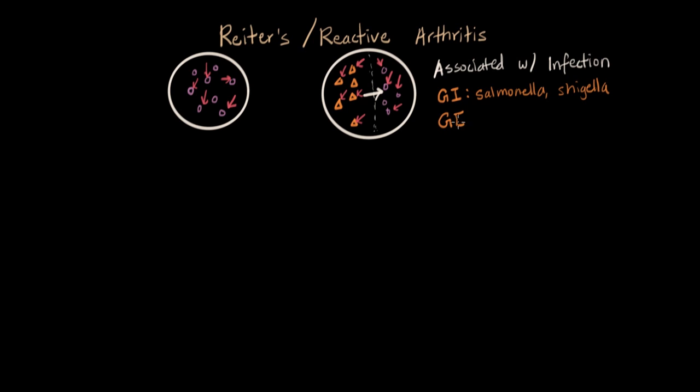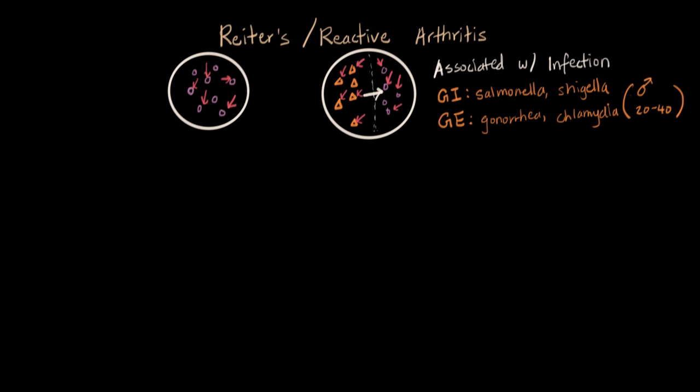Then we have genitourinary, so a lot of sexually transmitted infections, like the two big ones, gonorrhea and chlamydia. We know from the demographic of those infections that they're more common in younger men, and so is Reiter's. So the population we're looking at would be males, approximately 20 to 40, younger ones. Of course, anyone could get it, but this population gets it most often.